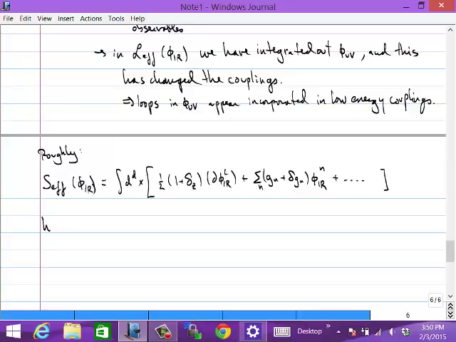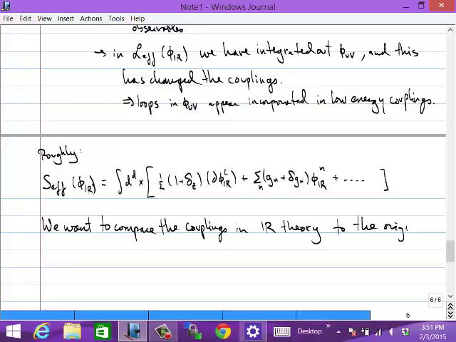So we want to compare the couplings in the IR theory, the infrared effective theory, to those in the original theory.